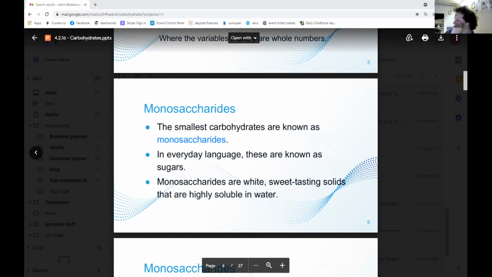So what kind of bonding do we like when we're trying to dissolve something in water? Any ideas?